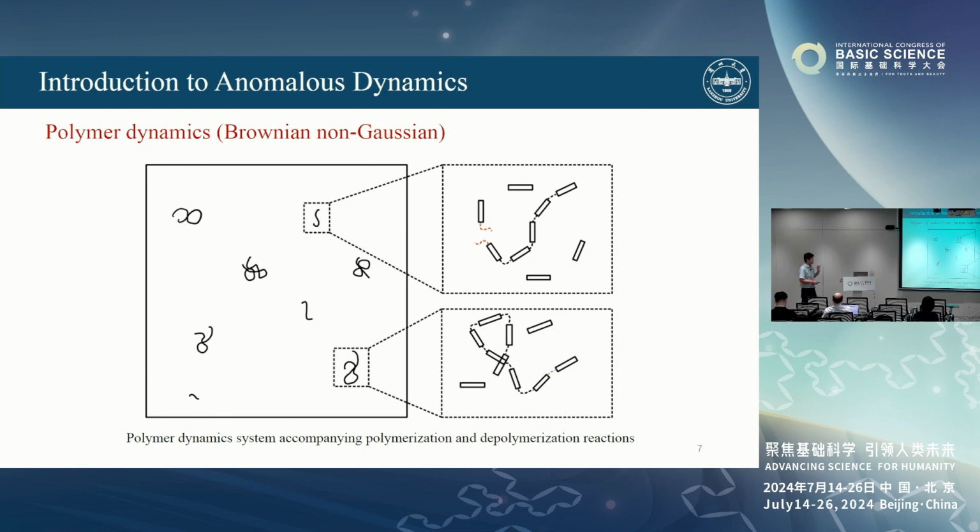So in this case, after doing some analysis, you can find it can no longer be described just as Brownian motion, superdiffusion or subdiffusion, but it can behave like the Brownian non-Gaussian case.